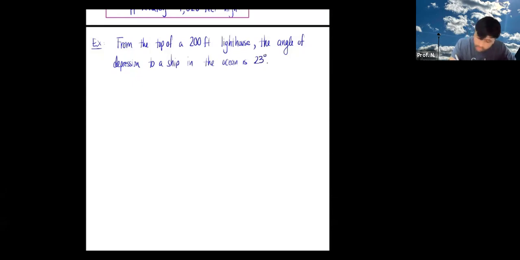How far is the ship from the base of the lighthouse?